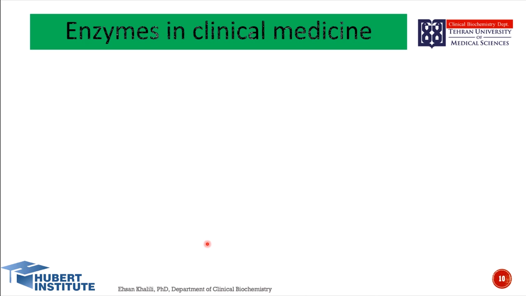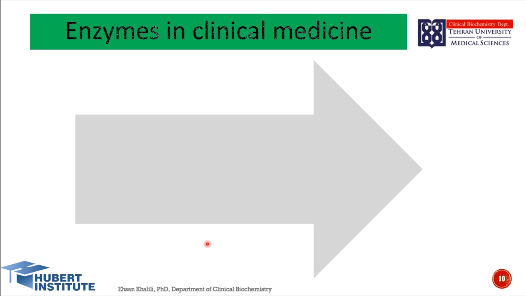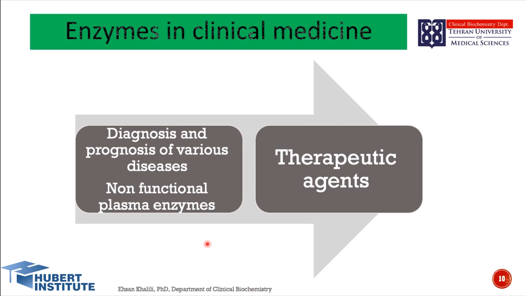So in this session we will talk in two parts about the diagnostic and prognostic functions of these non-functional plasma enzymes, and the next application of these enzymes is as a therapeutic agent for some diseases.